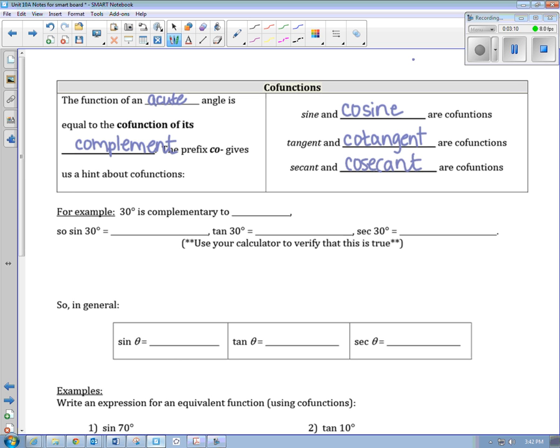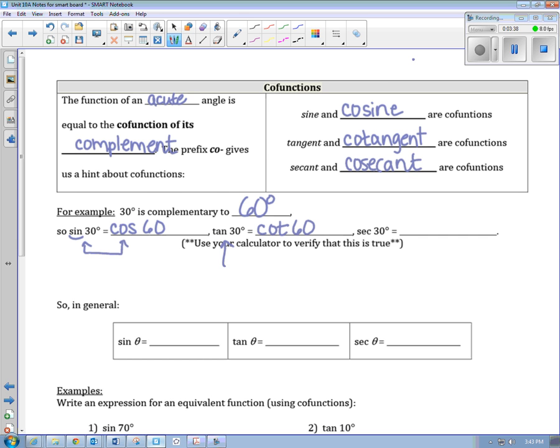So in this case, if we take a look at the example, we know that 30 degrees is complementary to 60 degrees. That means that if I take the sine of 30, it will be equal to the cosine of the complementary angle. On your calculator, if you type these two in, they will be equal. The tangent of 30 is equal to the cotangent of 60.